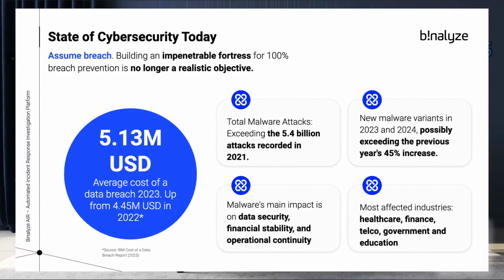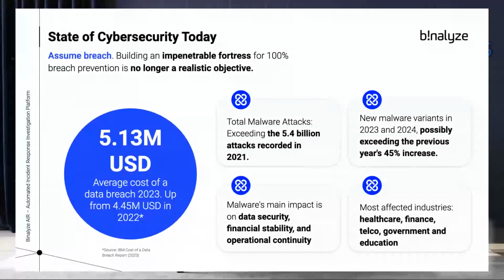To give you just a few data points from different IBM or other global reports, IDC and so on, you can see here that the average cost of the data breach last year has increased significantly, up to 5.1 million compared to 4.5 million in the previous year.